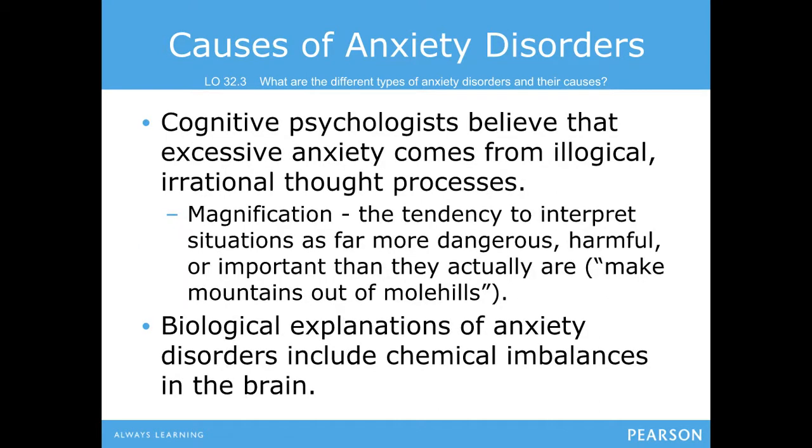Cognitive psychologists would believe that excessive anxiety comes from illogical, irrational thought processes whereby the person engages in magnification, where essentially they make a mountain out of a molehill. They magnify, they make a problem bigger than it needs to be in their mind. And biologically, this could happen due to chemical imbalances through incorrect numbers or dosages of neurotransmitters.